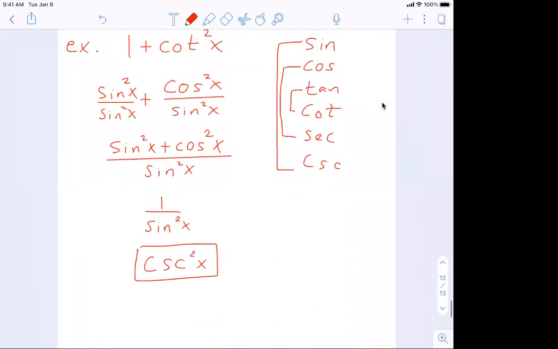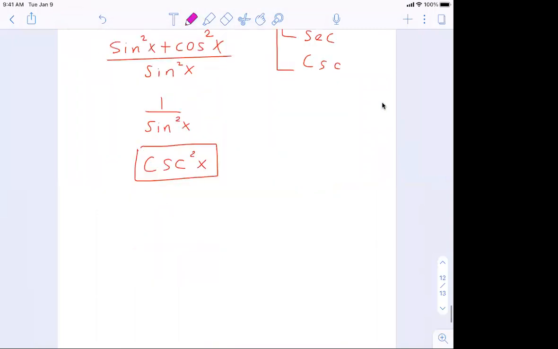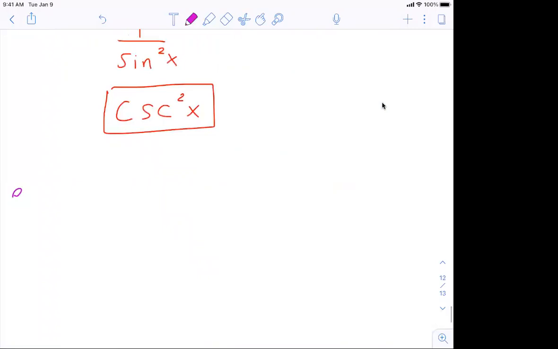All right, we're doing good here. Let's do another one. All right, let's do the cosecant squared x minus cotangent squared x.